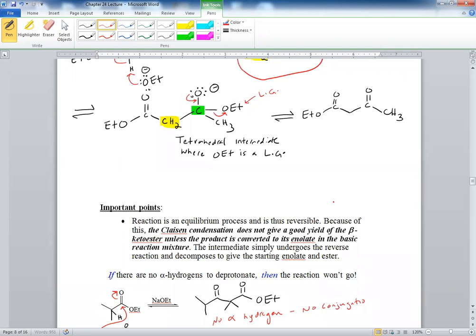So let's go back a little bit here and show you what I mean. If we have resonance here, if we deprotonate and we have this, so this can go either way, and that creates conjugation.